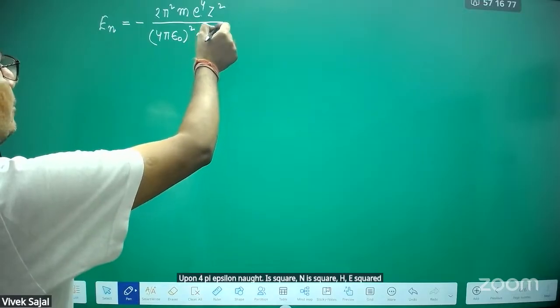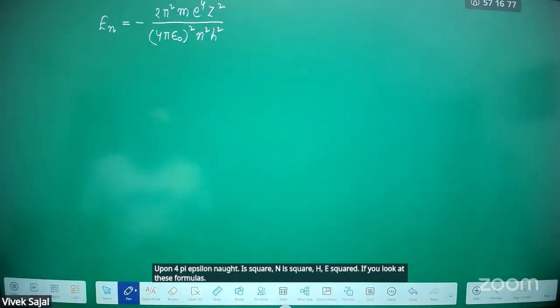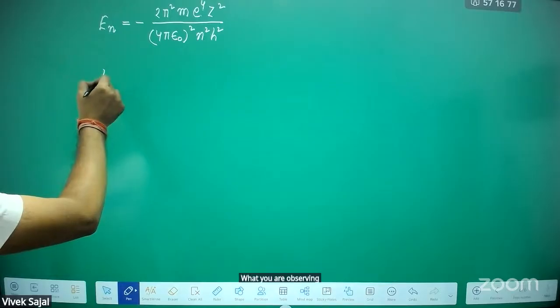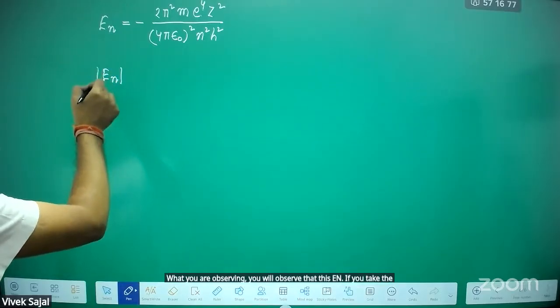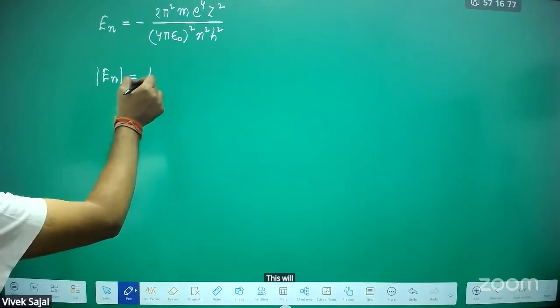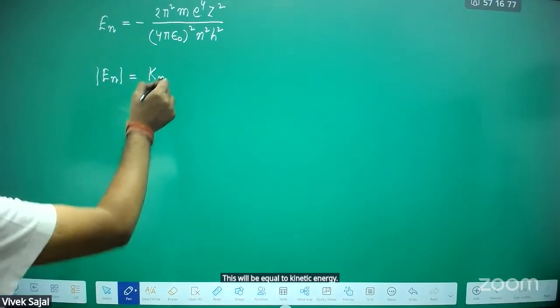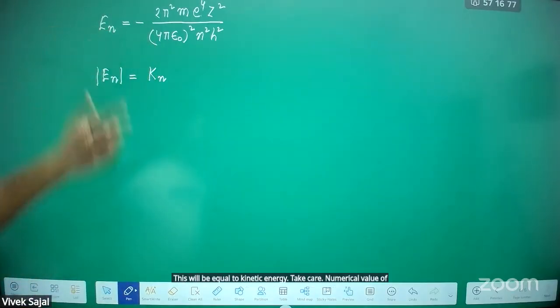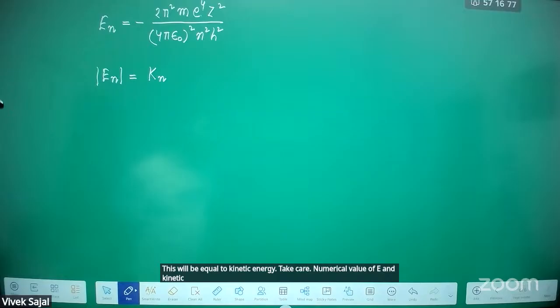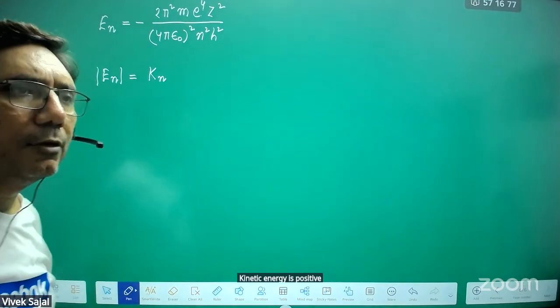If you look at these formulas, you will observe that if you take the modulus of this En, it will be equal to kinetic energy. Okay? The numerical value of En and kinetic energy is the same. Okay? Kinetic energy is positive. Here, this total energy is negative.